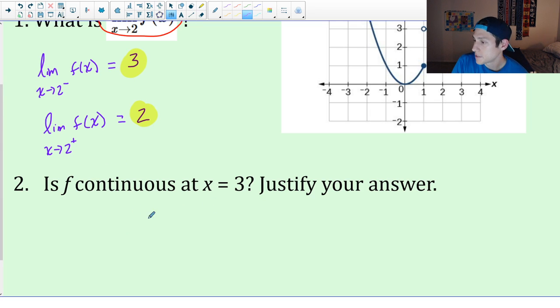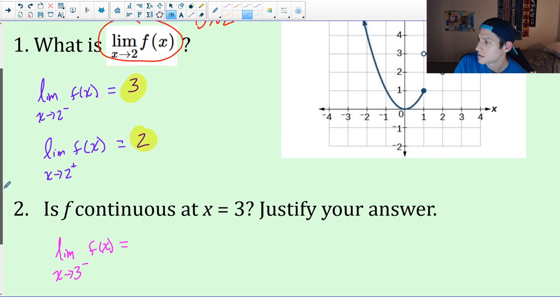Number 2, is f continuous at x equals 3? Justify your answer. So, to be continuous, we need to look at, again, the left-hand limit and the right-hand limit. So as x approaches 3 from the left, that would be right here, which would be 3.